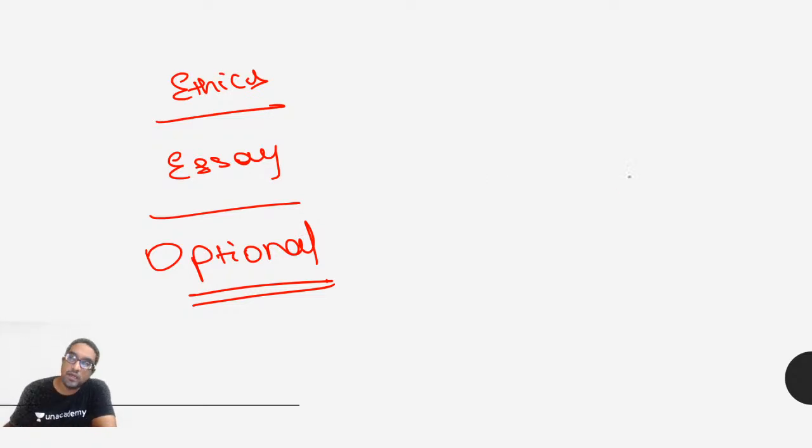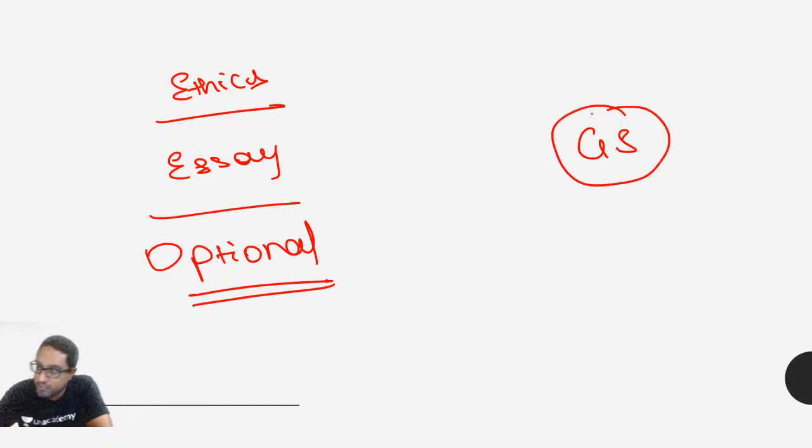In our papers, everybody writes general studies, and everybody writes the first four, GS 1, 2, 3, 4. The specialness about GS is that on an average you score only one thing.